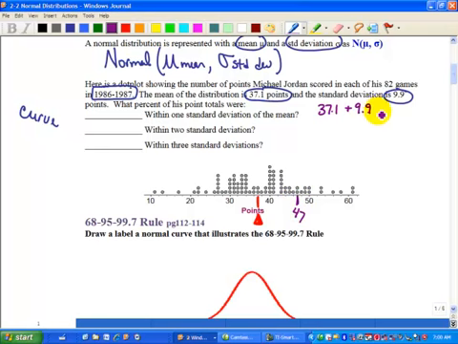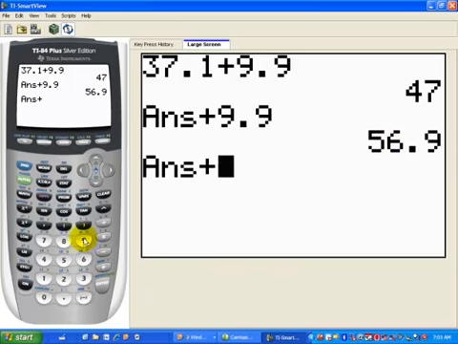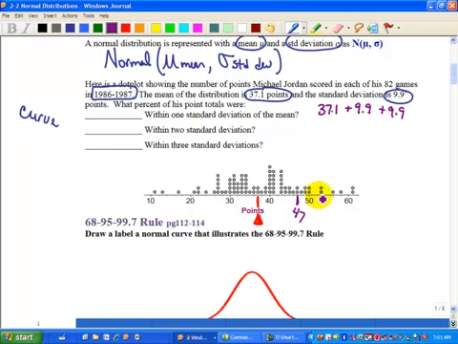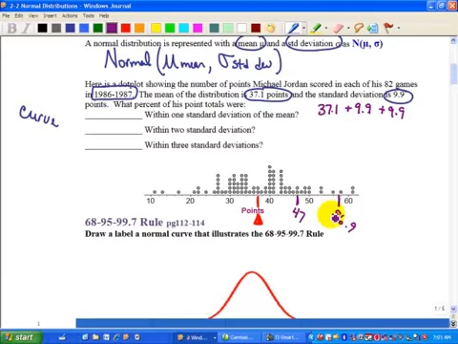Then we're going to have to do it plus another 9.9, 56.9, plus another 9.9, just so I don't have to come back. 52, 54, 56.9, so it's almost right here. And what was the last number? 66.8. Well, that's 62, 64, 66. 66.8. Now, how do we get the other side?